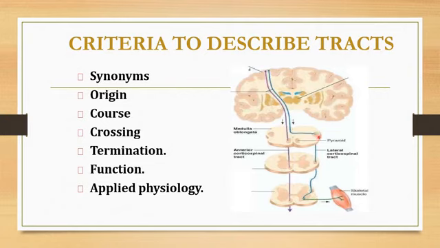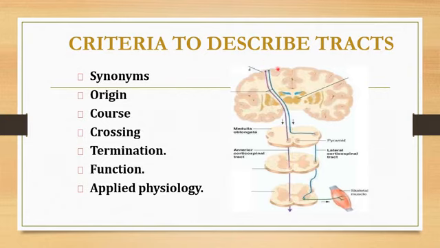The pyramid is present here and here. So these fibers are not passing through the pyramid, and then finally ending in the medial and lateral group of motor neurons, and finally supplying the skeletal muscle.